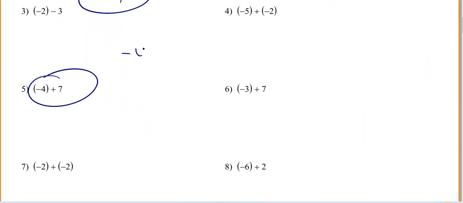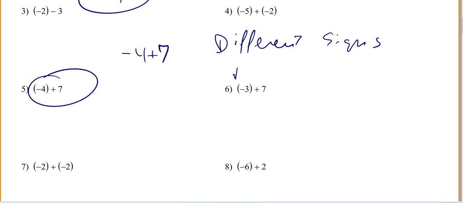You've got negative 4 plus 7. So the rules say if you have different signs, find the difference. What do we mean by difference? It just means subtract.